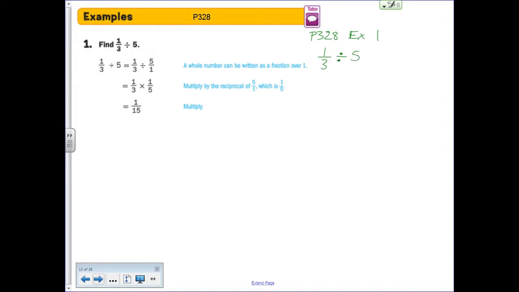First of all, we have to review quickly which is the dividend and which is the divisor. The dividend is always the number that comes first. That is the number that is being divided. The second number is the divisor, and that number is always doing the dividing. The divisor is the one that we're going to have to use its reciprocal.